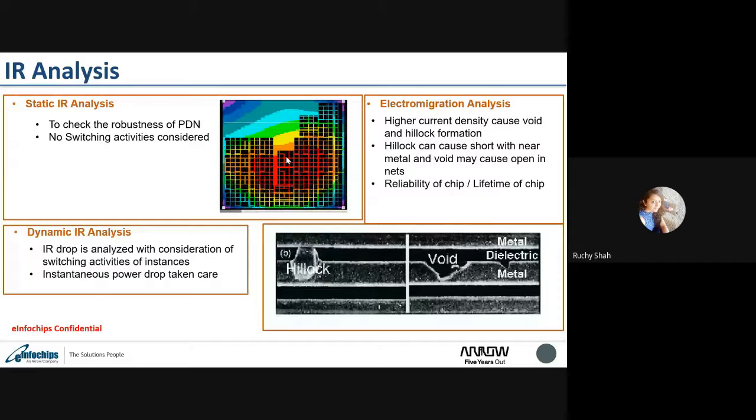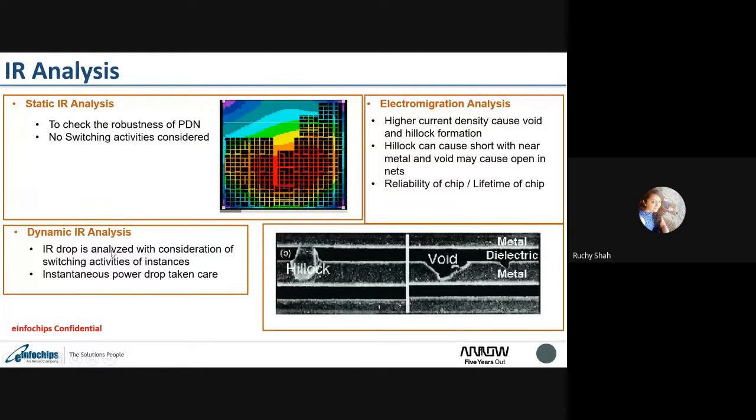So we have to maintain the power availability, I mean voltage availability, to each and every instance within a certain drop. If it goes below that, obviously we know that if we are reducing the power supply of an instance, definitely it is going to offer larger delay. So again, it is going to affect everything. So we set the IR drop limit. We have to maintain that IR drop limit.